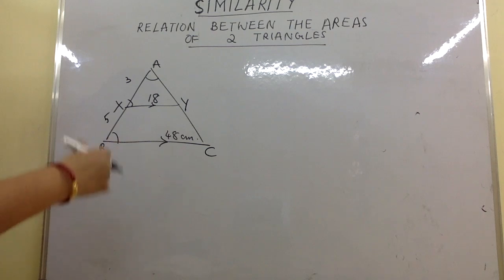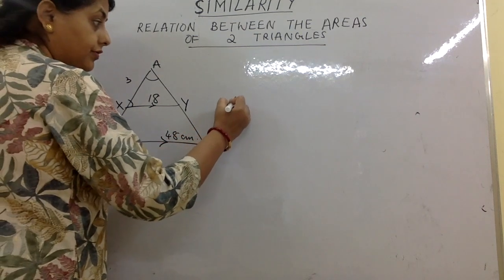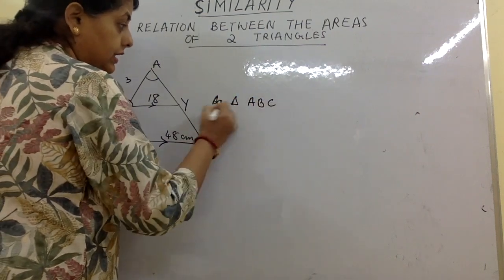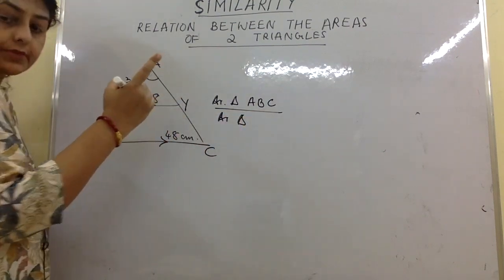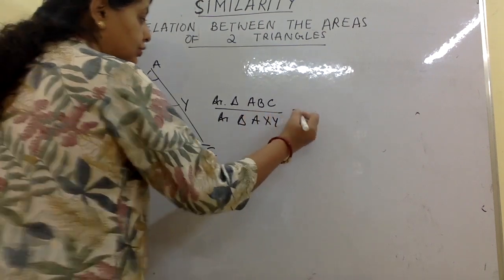So straight away using the theorem, now we are going to go to area of triangle ABC by area of triangle AXY. Okay, so we are just using the theorem.